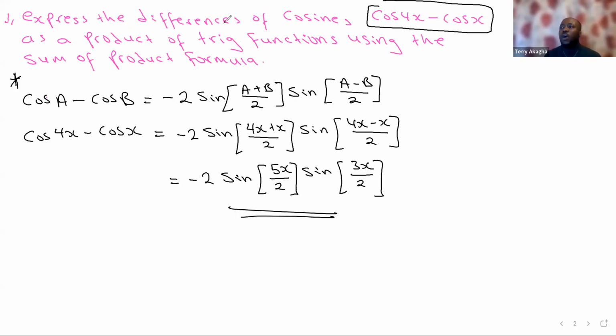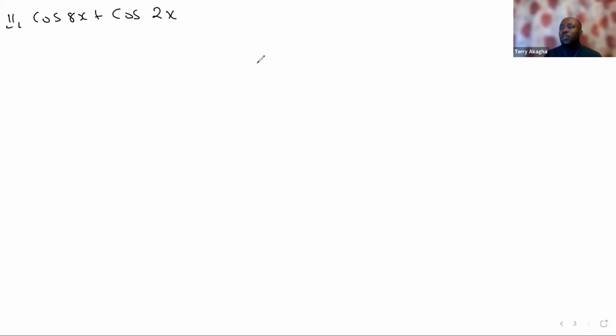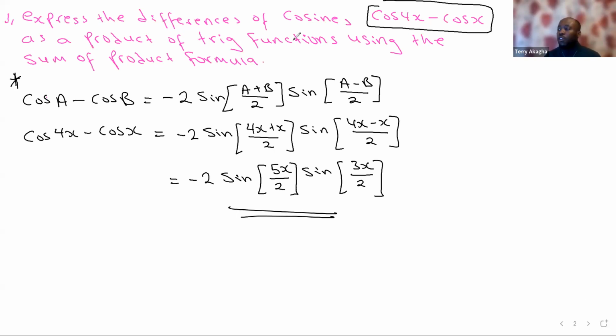What if we had something like cos 8x plus cos 2x? In this case as well, I want us to express this as a product of trig functions.